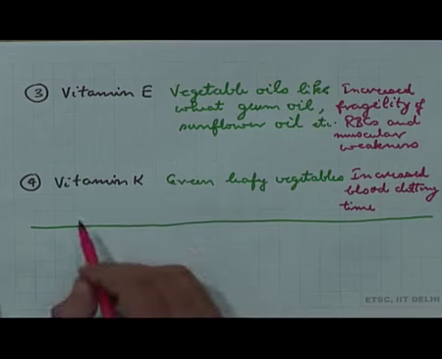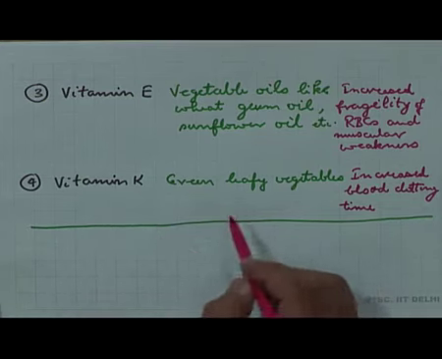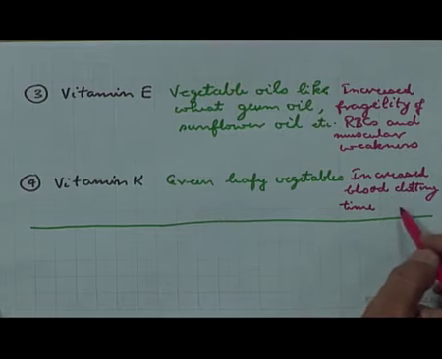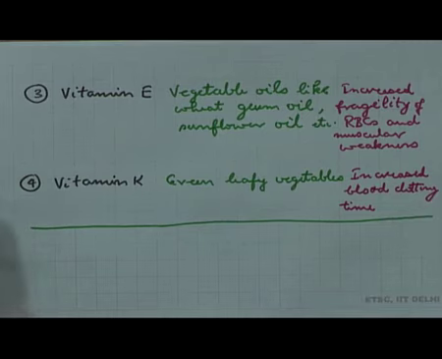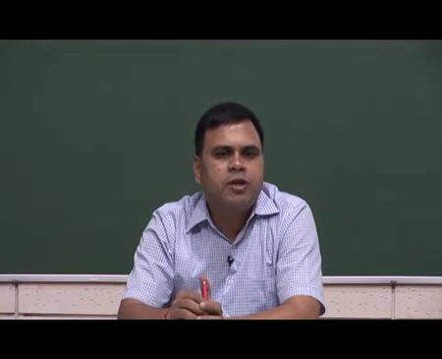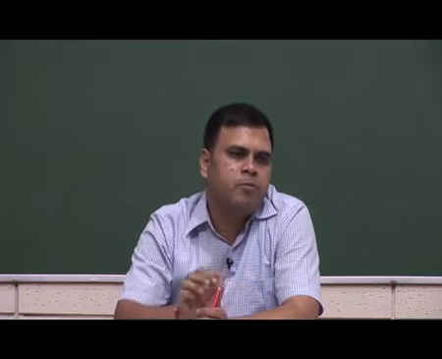And the fourth water insoluble vitamin is vitamin K, which can be obtained from green leafy vegetables, and deficiency leads to increased blood clotting time. Basically, vitamin K helps in the clotting of blood. Whenever we get any wound, we always need to clot it.